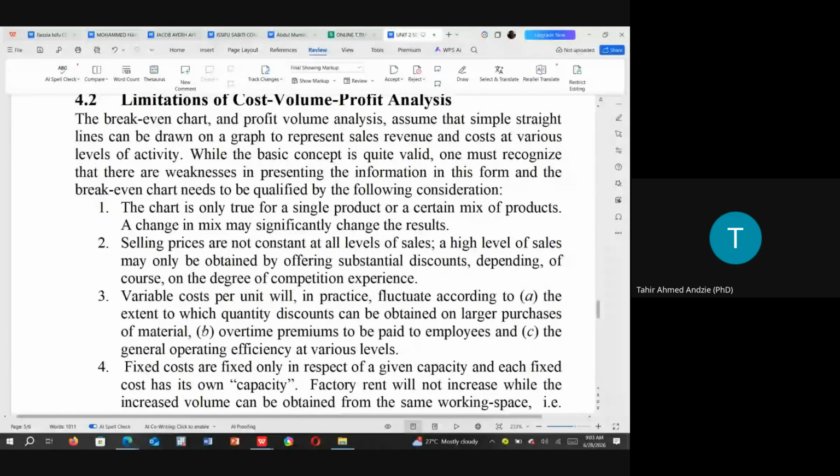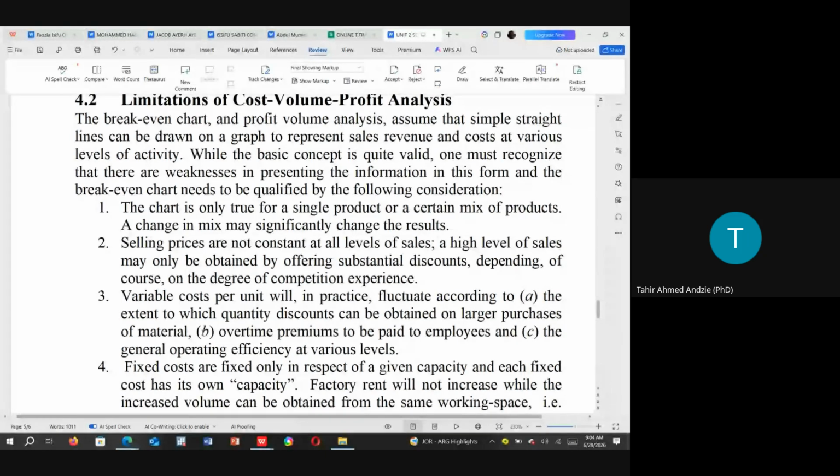Selling prices are not constant at all levels of sales. A high level of sales may only be obtained by offering substantial discounts, depending of course on the degree of competition experienced. So the assumption that selling price should remain constant is not always possible, because there are so many factors that could result in the selling price being either increased or reduced.